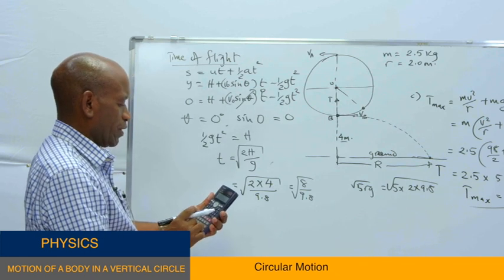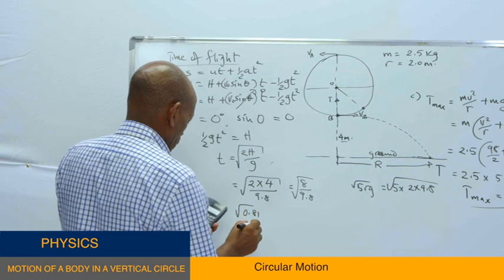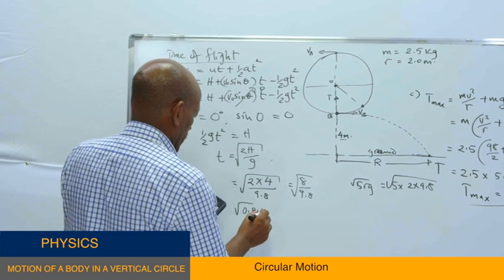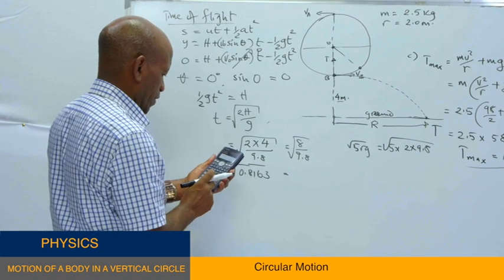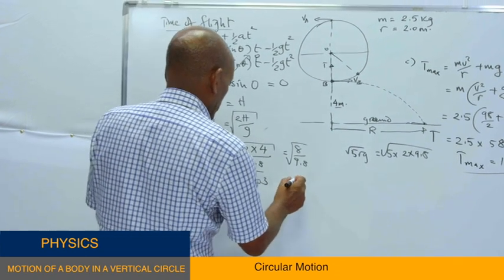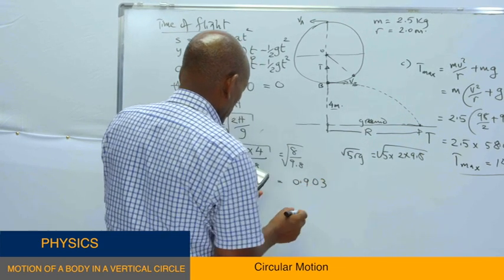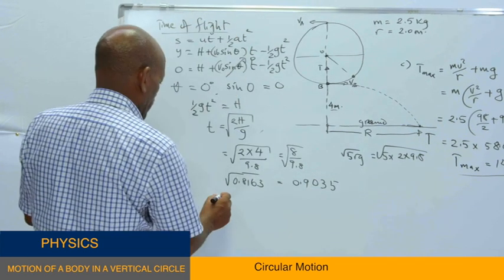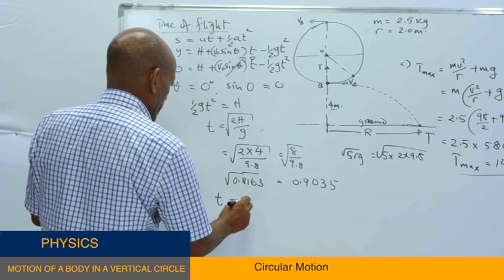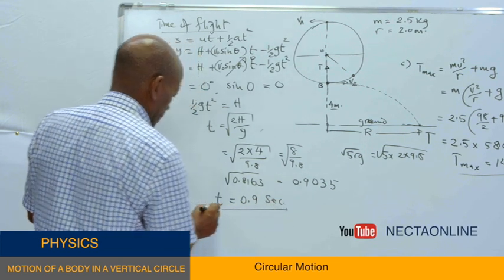It's the square root of 0.8163, and if we take the square root, we're going to get 0.9035. So this is the time of flight. The time of flight will be almost 0.9 second.